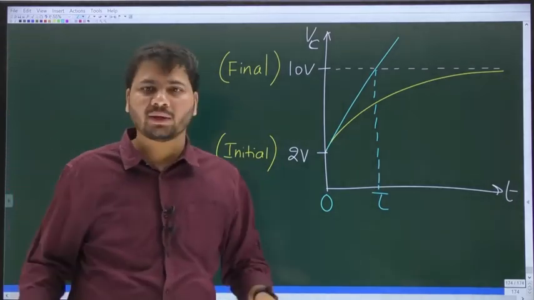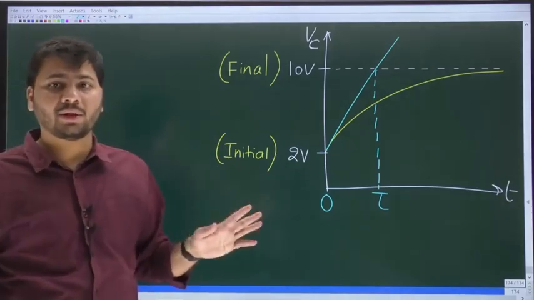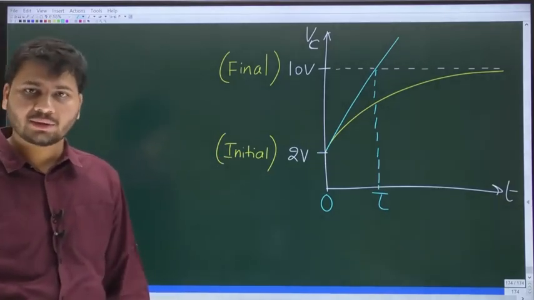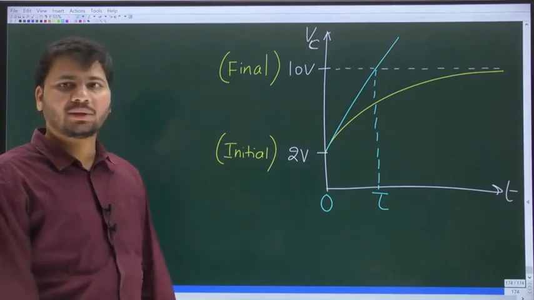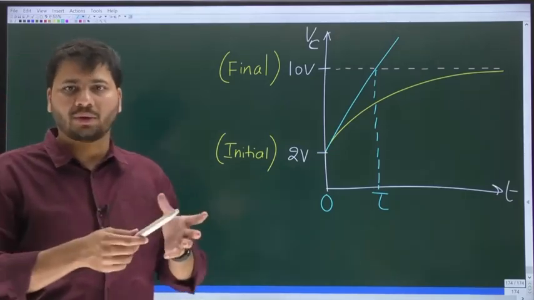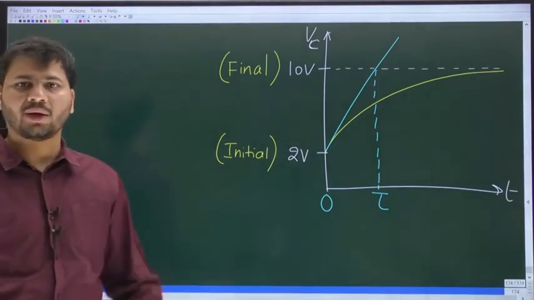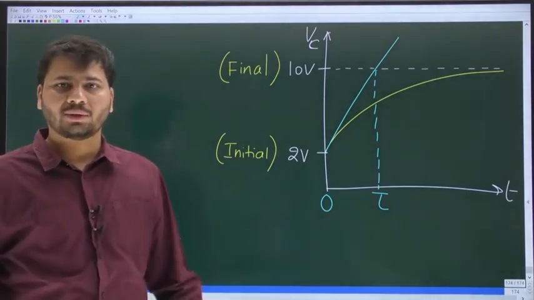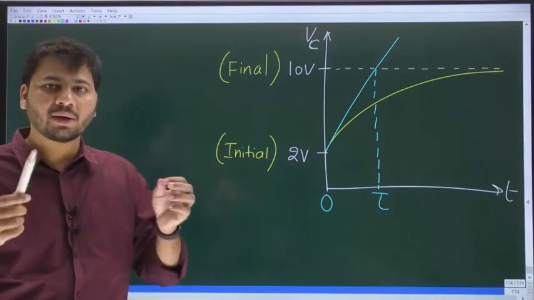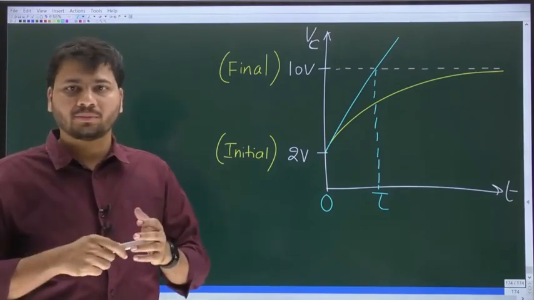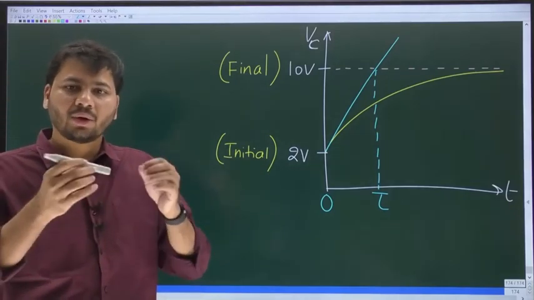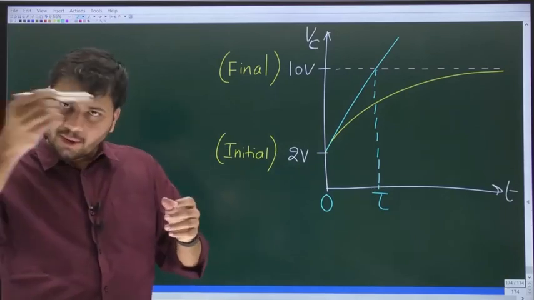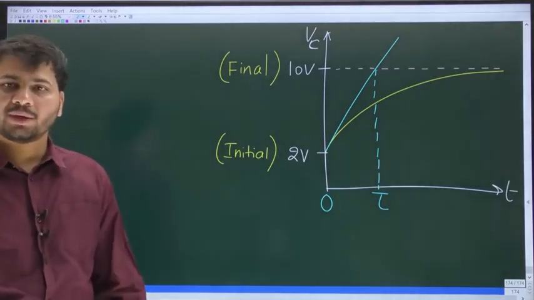So in the source free case, without any source, the cap will get discharged through the resistor. But in this case where we have a DC source driving the capacitor, the cap will get charged to the value of the DC voltage source through the resistor, because remember in between we have the resistor. It is the resistor through which the current will flow, and the same current will charge up the capacitor.